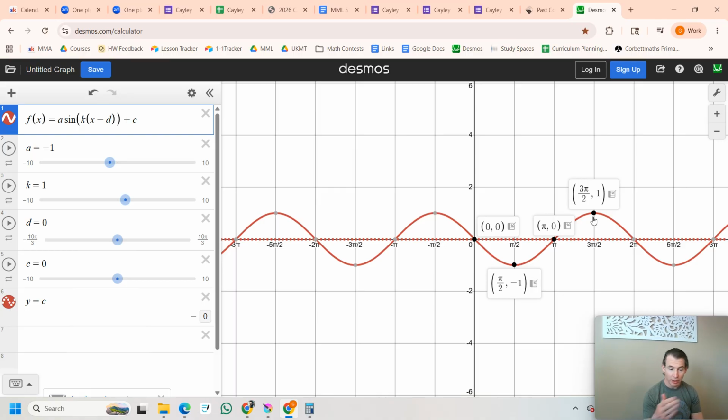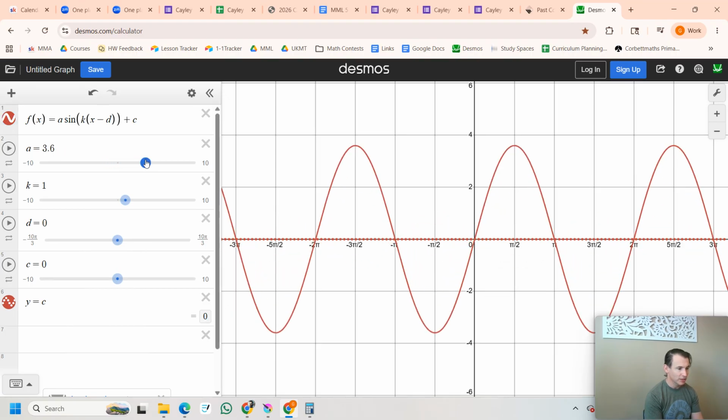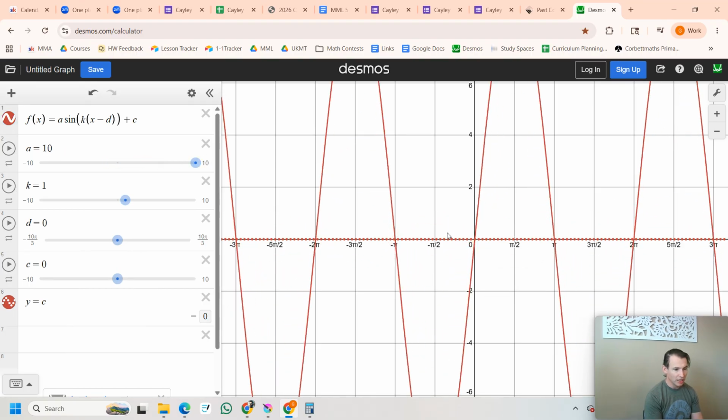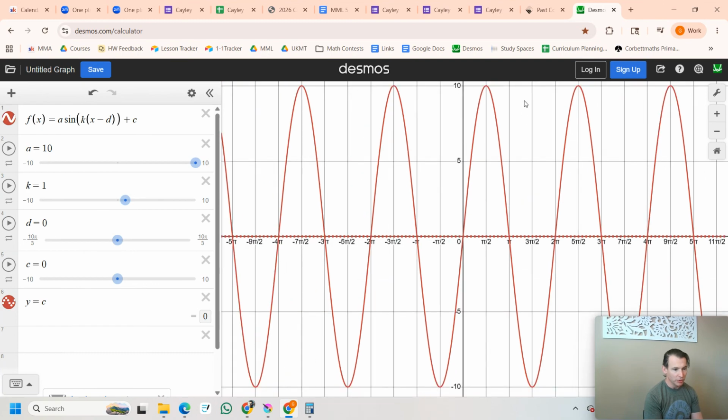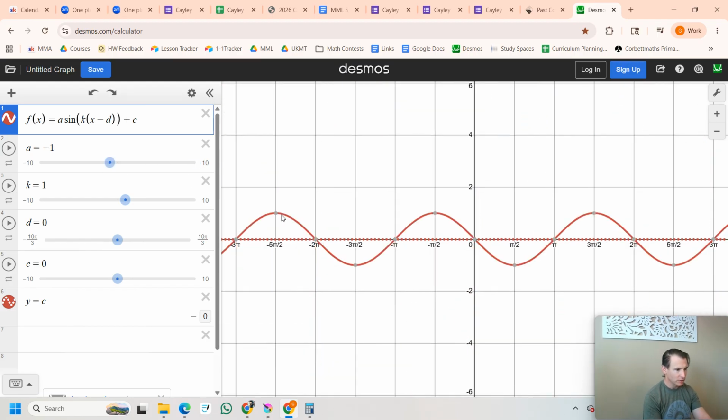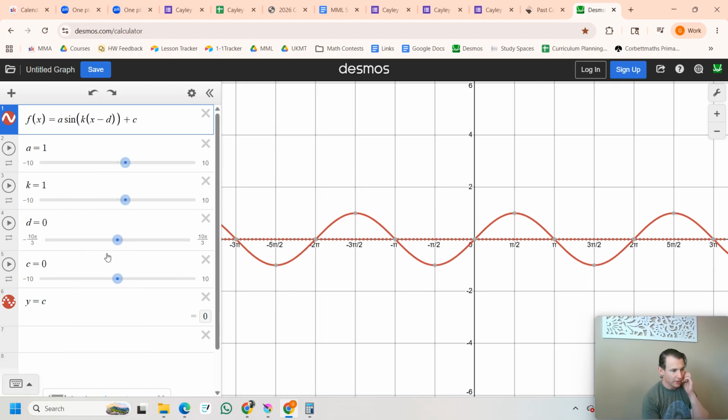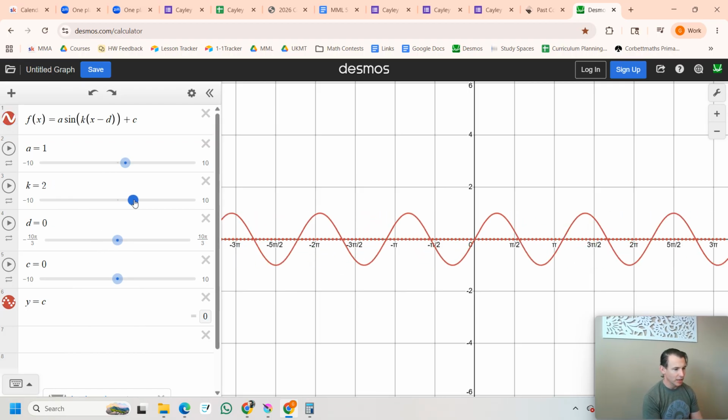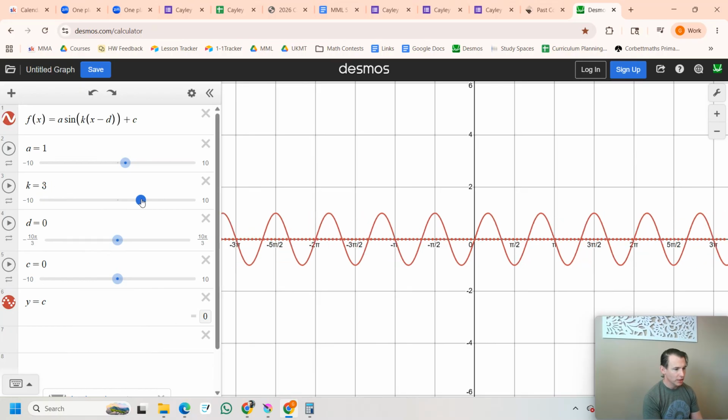Okay, so really, you could do that by shifting it left or right. But when we have, say, a is quite large, like 10, then we can see that our amplitude is we go up to 10 and down to minus 10. Okay, so there's some ideas there. Setting this back to 1 there. Okay, so now when we change k, like let's say I make k 2 or 3, see our period is being shortened.